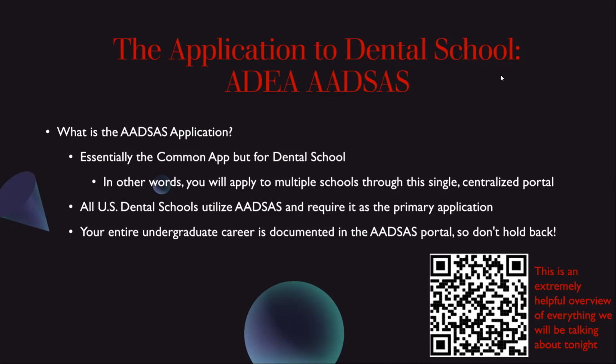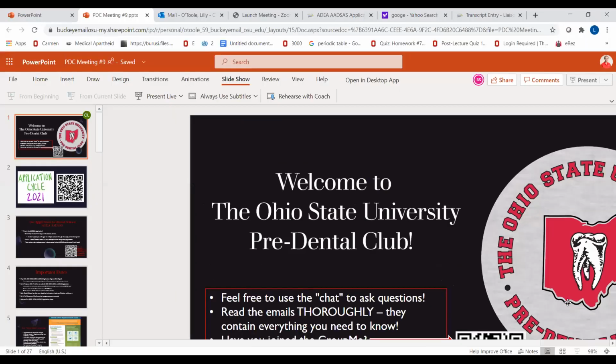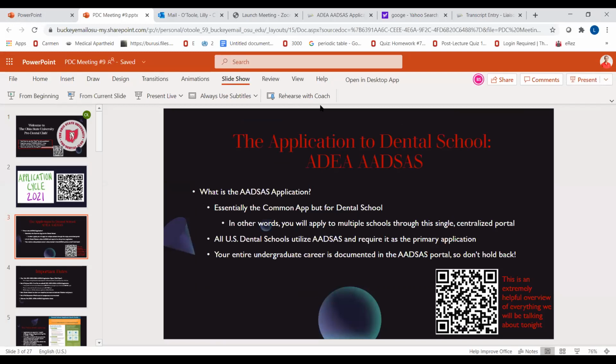Essentially, your entire undergrad career is documented in this portal, so don't hold back, don't be shy or modest. And in the QR code, there is an extremely helpful overview of everything that we will be talking about tonight. So let's see, I can easily switch to that screen in a moment.